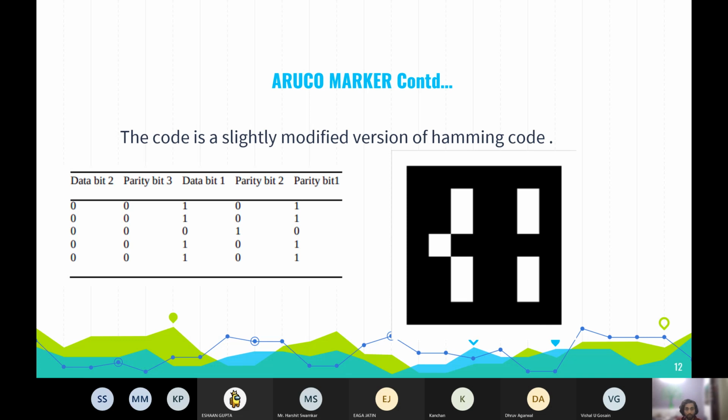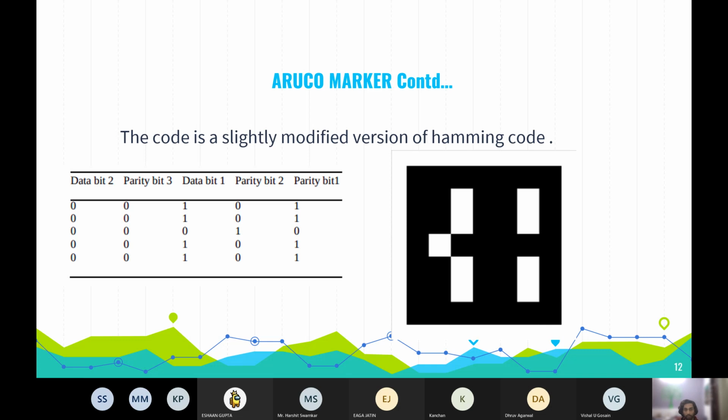So 1, 2, 1, 2, this one, and this one. So these are three parity bits, and this is basically used to decode. We can see there are only two data bits and three parity bits.